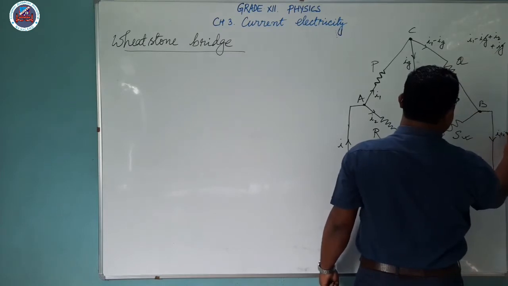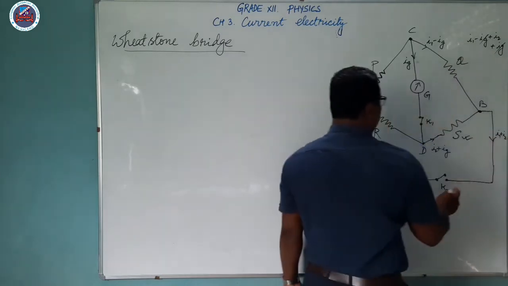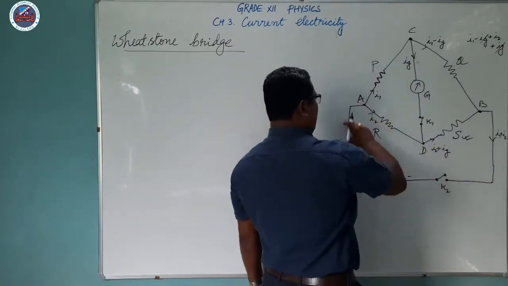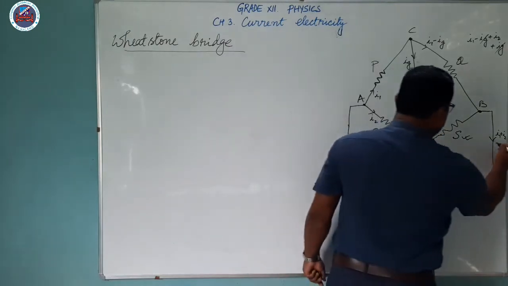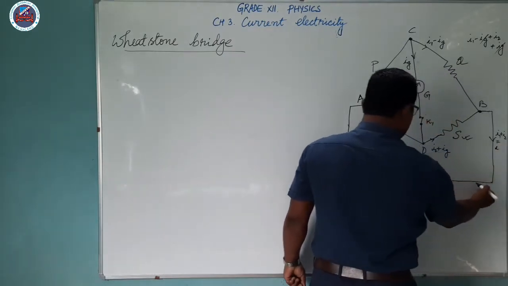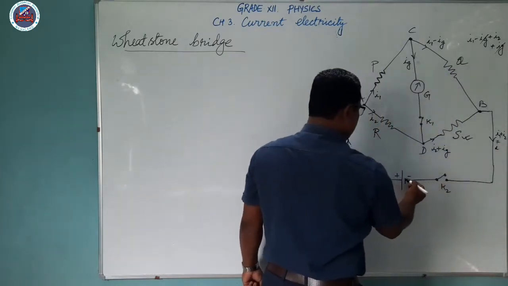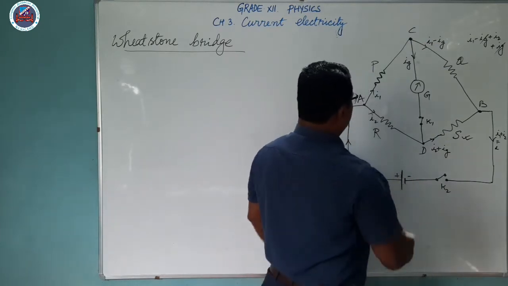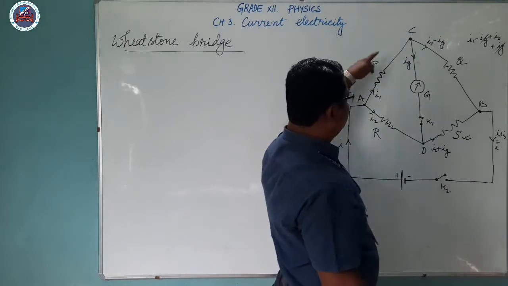This I1 plus I2 we can call as I as well, that is equal to the current I that will flow in the battery. So this way the current will flow.